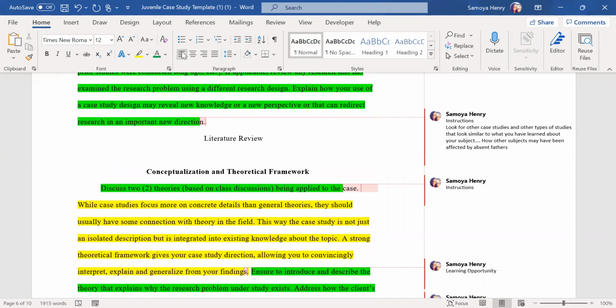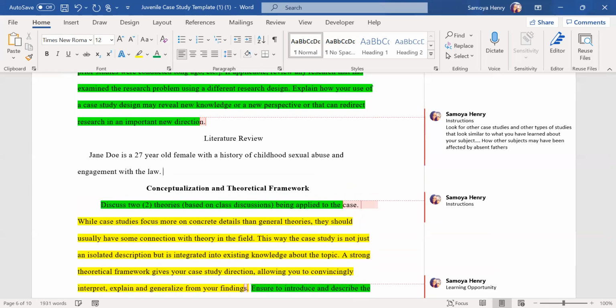Good. So I'm going to begin with a little overview of the case, right? So this is, what do we call her? Jane Doe is a 27-year-old female with a history of childhood sexual abuse and engagement with the law, okay?